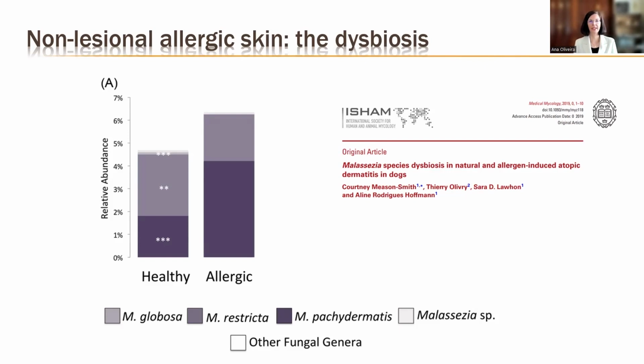So we will have a dysbiosis, which in fact is characterized by a higher number of Malassezia pachydermatis compared to a lower number of Malassezia globosa and Malassezia restricta. Now, this means that Malassezia pachydermatis will be the most abundant species in the non-lesional allergic skin.